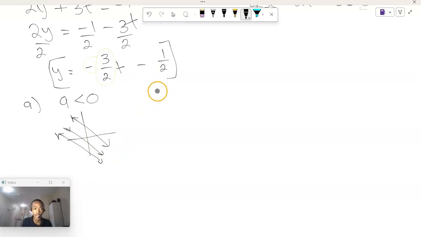The next step is to find the y-intercept, which in this case you don't have to calculate: let t equal to 0. So our y-intercept is negative a half. The next thing is to find the x-intercept. So the x-intercept will be: let y equal to 0. Then you have negative 3 over 2 t minus a half.